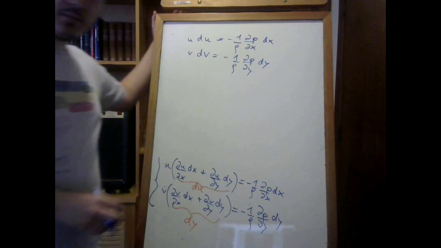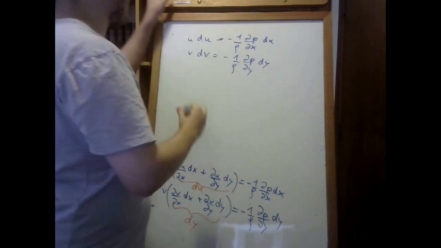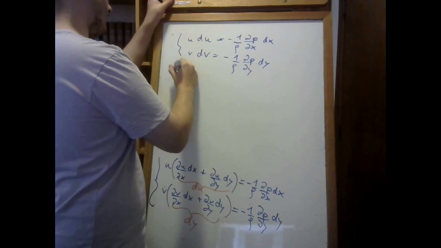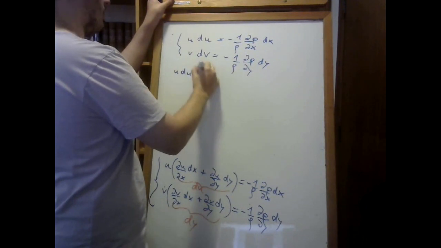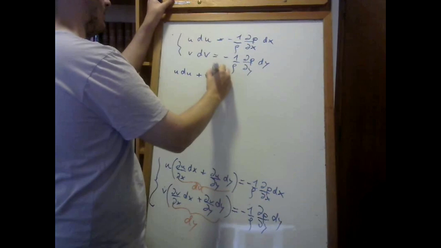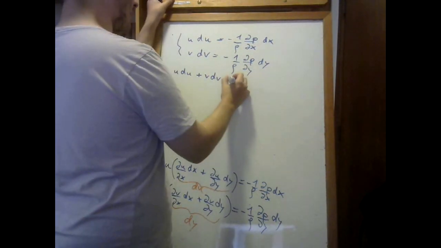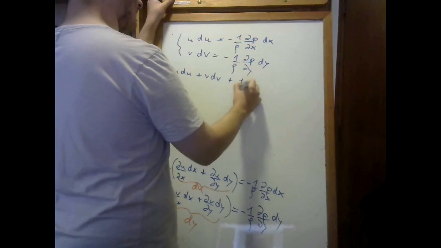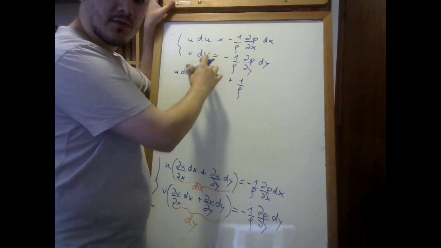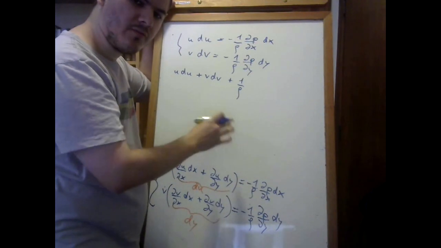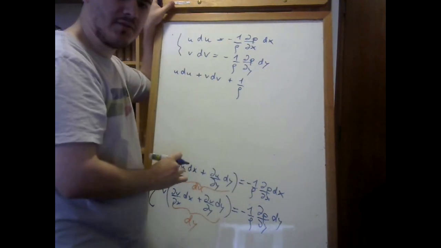So we can sum up these two equations here and we obtain u plus dv plus, I put this to the left side, I moved the pressure term to the left hand side of the equation.